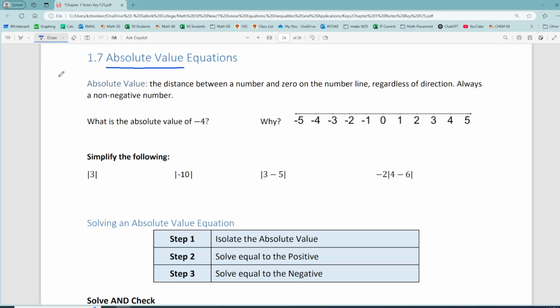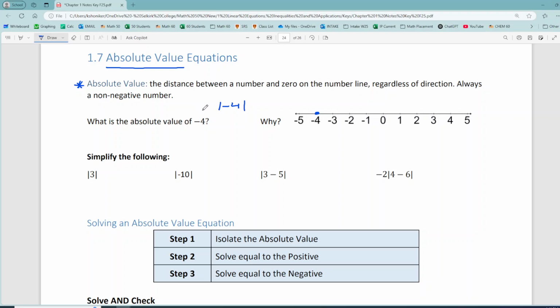So I thought we would just start with a little bit of a reminder, because not everybody remembers what an absolute value is. An absolute value is the distance between a number and zero on the number line, regardless of direction. So it's always a positive number. For example, if I asked you the absolute value of -4, it would be written as |-4|.